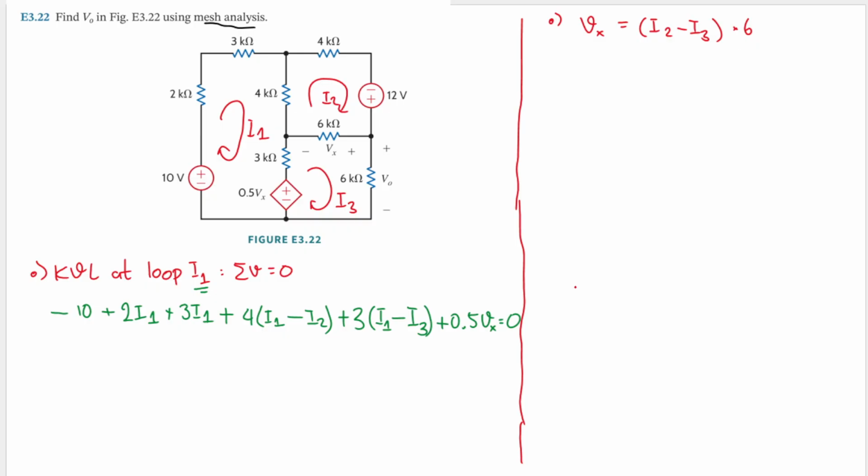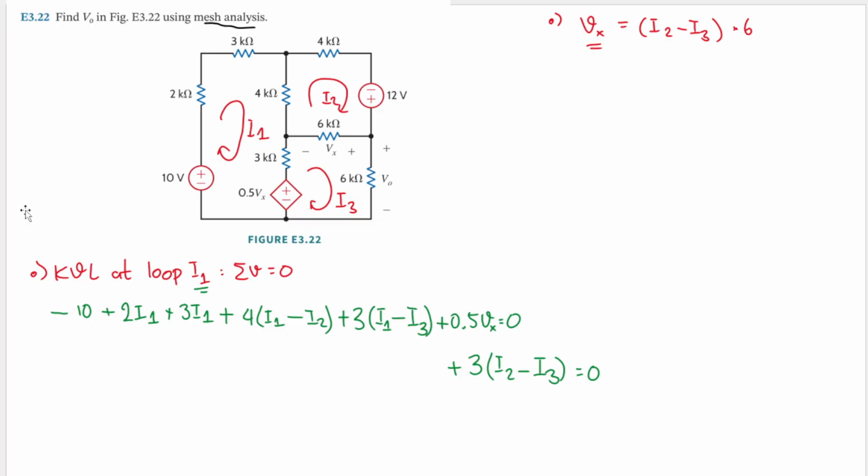Now we can plug this Vx into the previous equation. 0.5 times 6 is 3, right? So we'll have 3 multiplied by I2 minus I3, and all of that will equal 0.